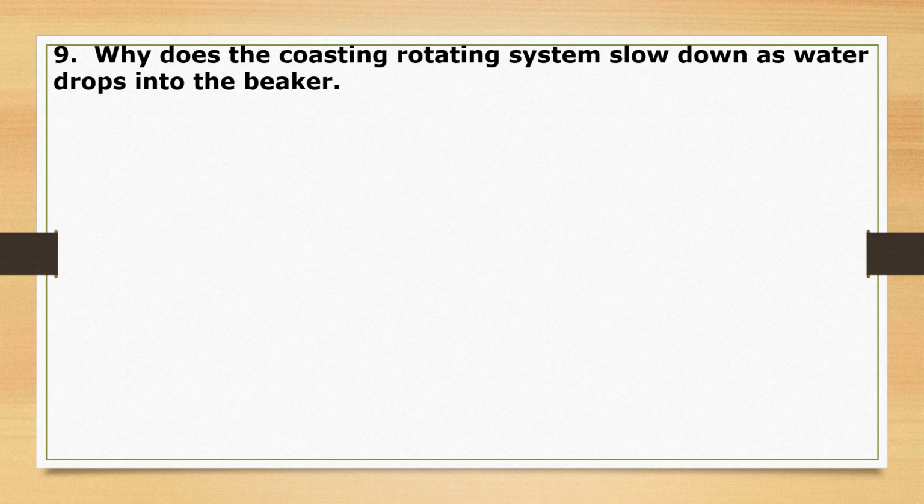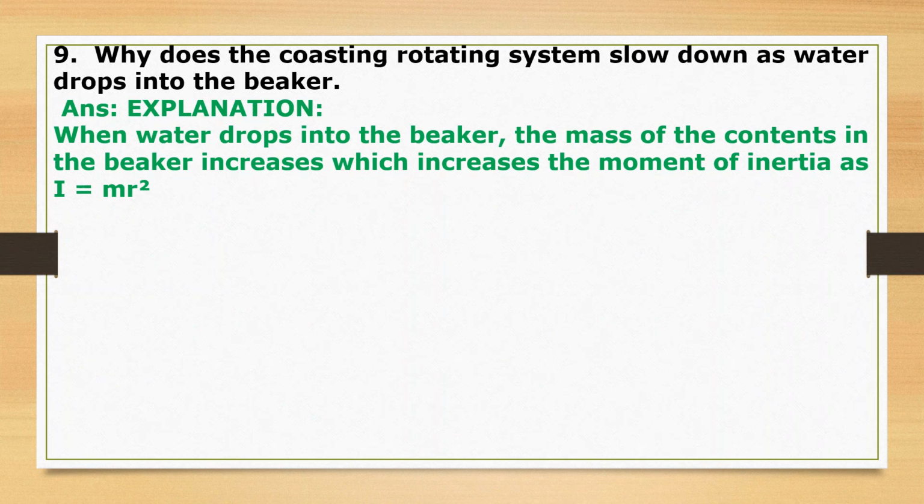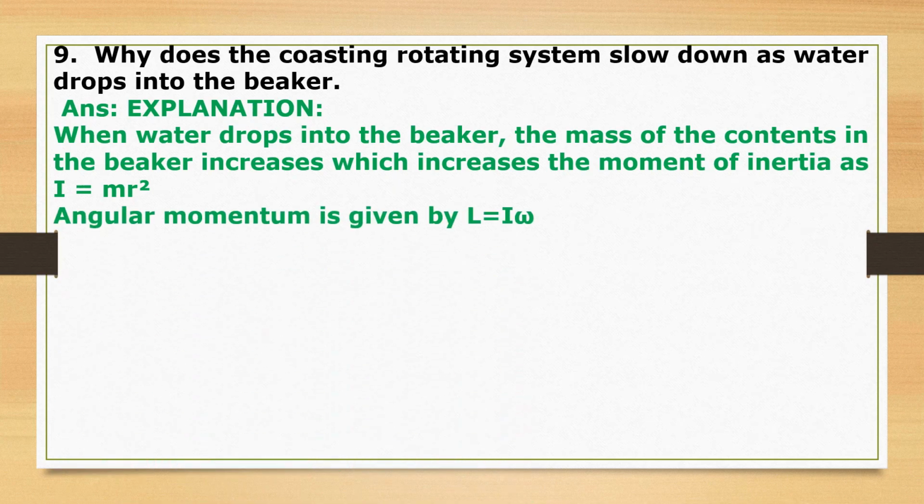Question number 9. Why does the coasting rotating system slow down as water drops into the beaker? When the water drops into the beaker, the mass of the contents in the beaker increases, which increases the moment of inertia, as I is equals to mr square.